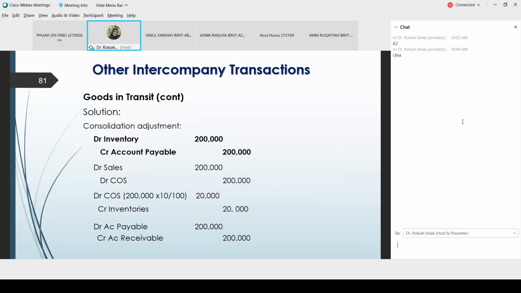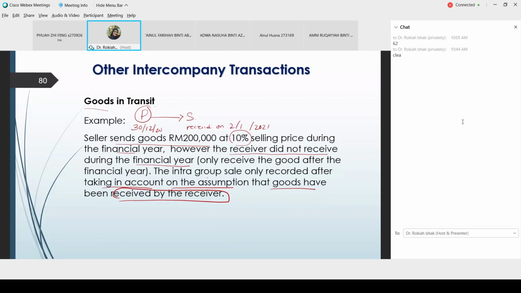So we're going to prepare the journal entry. The sale that we have here is 200. From that 200 there is a 10% element of URP. Why do you have the URP here? Because the seller sent goods on 31st December and the buyer is going to receive them the next year. So until the end of this year, the buyer still cannot sell the goods to the outside, so they're going to recognize the unrealized profit.